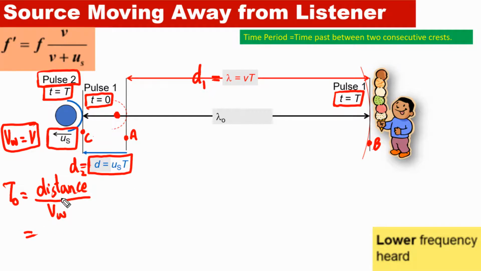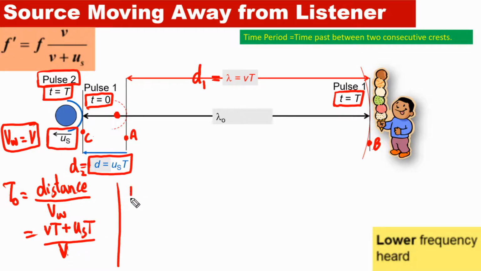So we can write the distance in terms of velocities now. This is vT plus u_s T divided by the speed of wave. I will simply use v here.